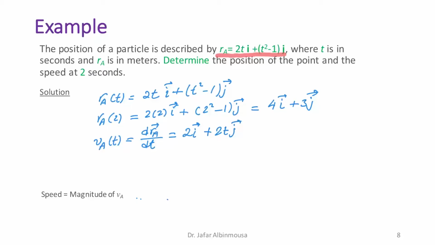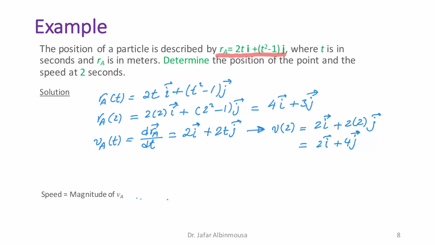And similarly, if we substitute t equals 2 seconds, then v is going to be 2i plus 2 multiplied by 2 j, which gives us 2i plus 4j.